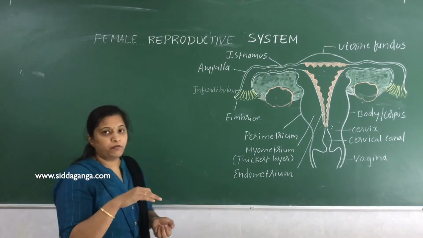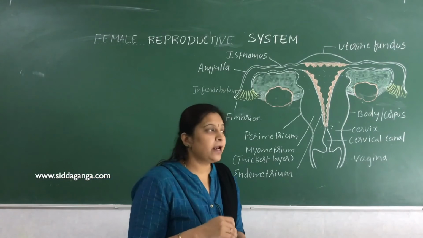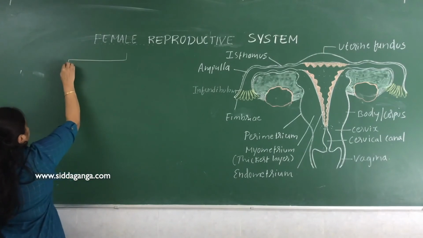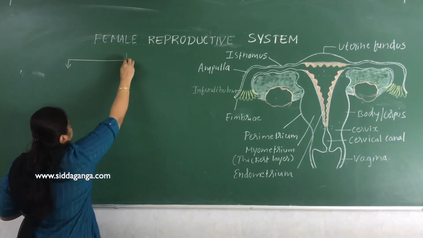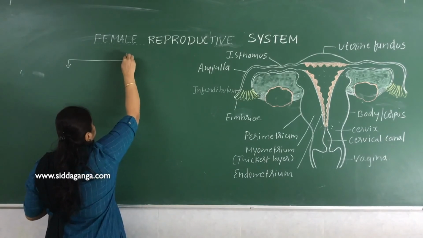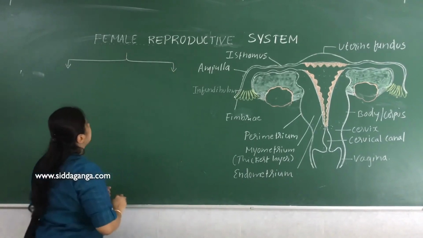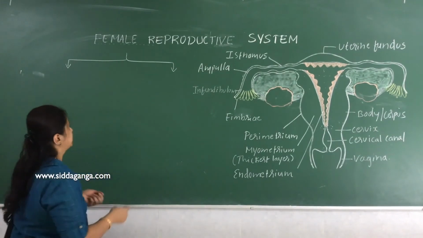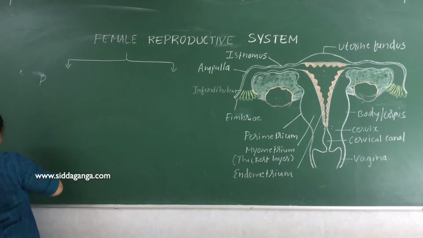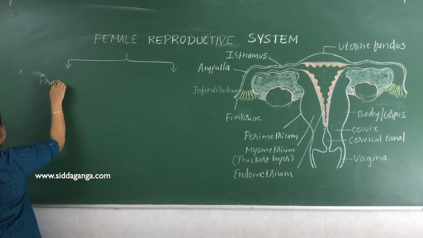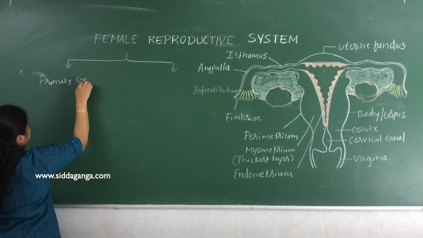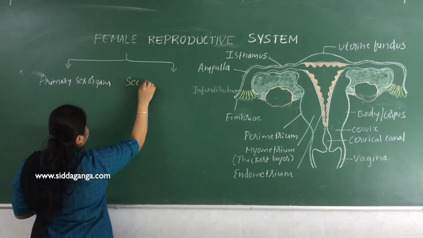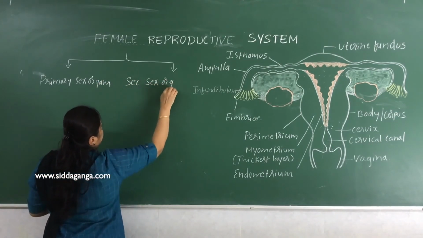See, like that of the male reproductive system, the female reproductive system also has the primary sex organs and the secondary sex organs.